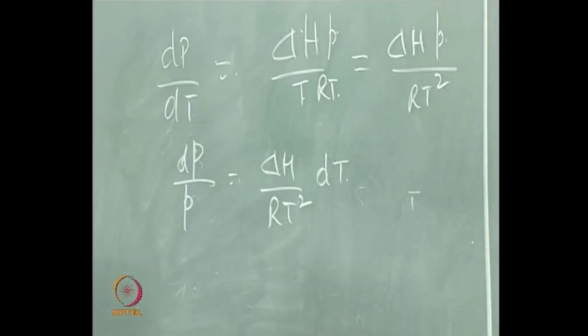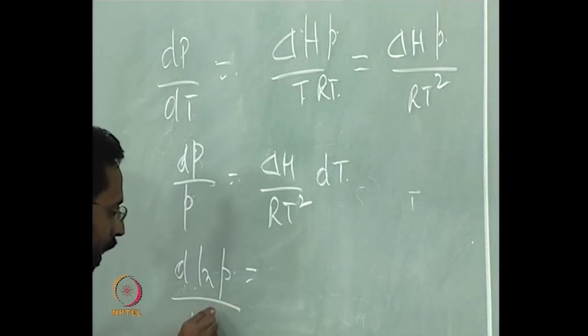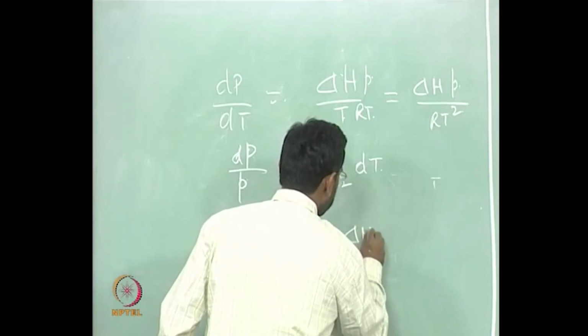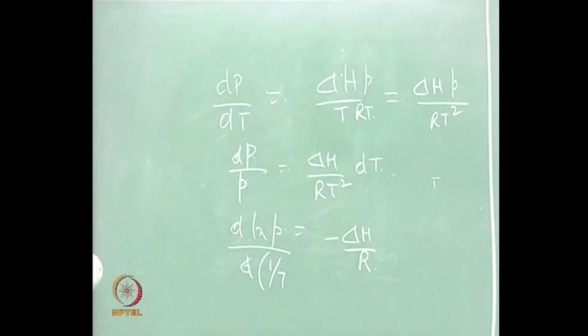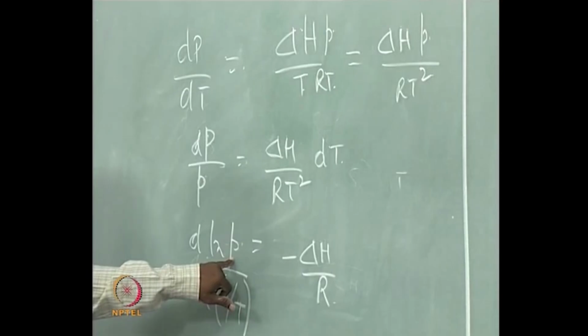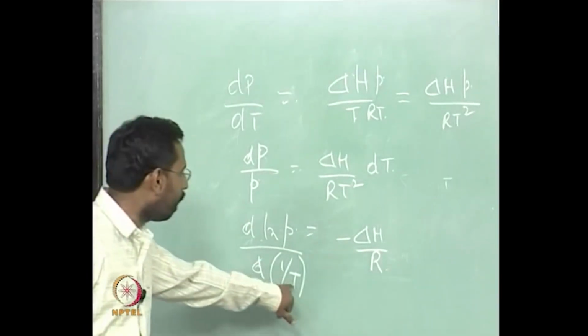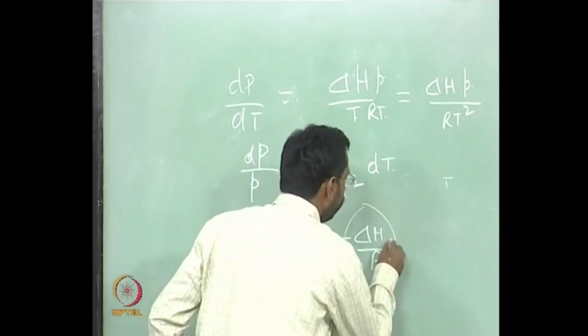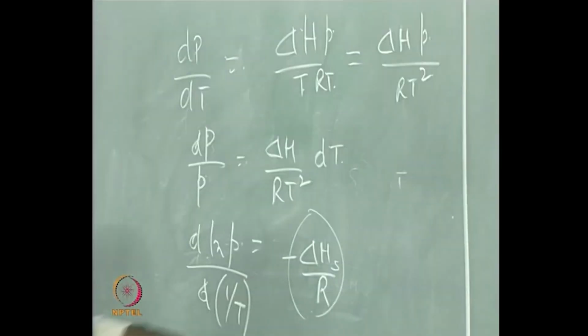Fine. So this can basically be taken as d ln P, and you can see that d ln P by d of 1 by T can be taken as minus delta H by R, where this dT can be brought to this side in terms of 1 by T. If that is the case, then we can basically say that how the vapor pressure changes with temperature is actually always related to the delta H of sublimation divided by this.